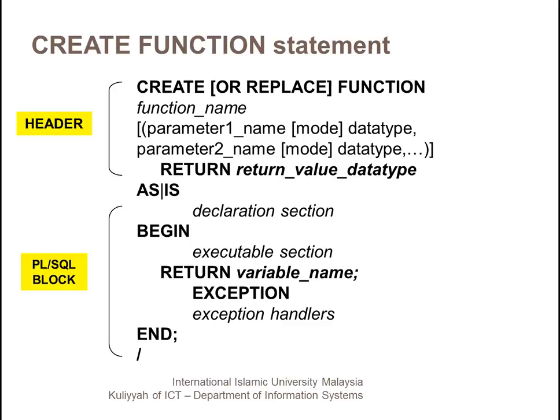The process of creating a function itself, as I said earlier, is quite similar to a procedure, in which you will have a create or replace function followed by the function's name, and all parameters are listed right after the name. The mode, by default, will be in.